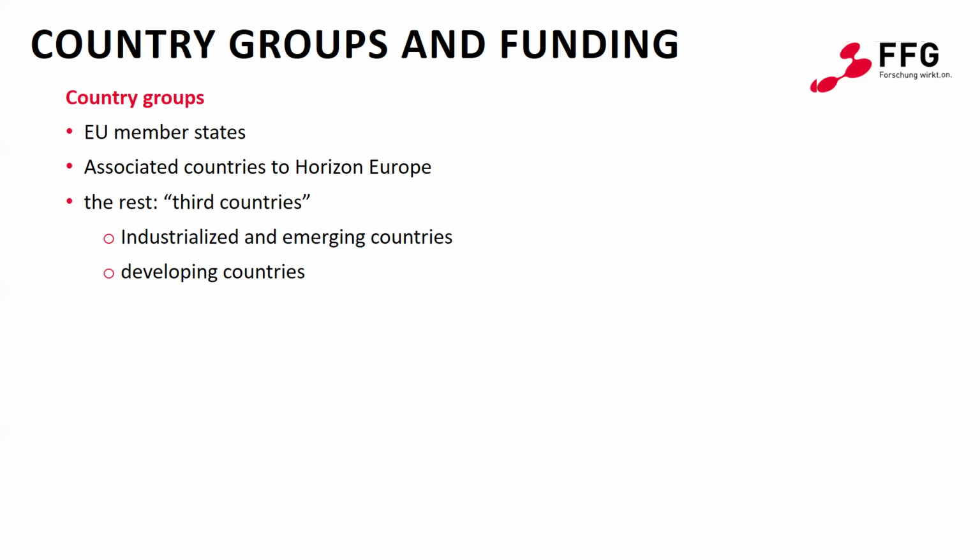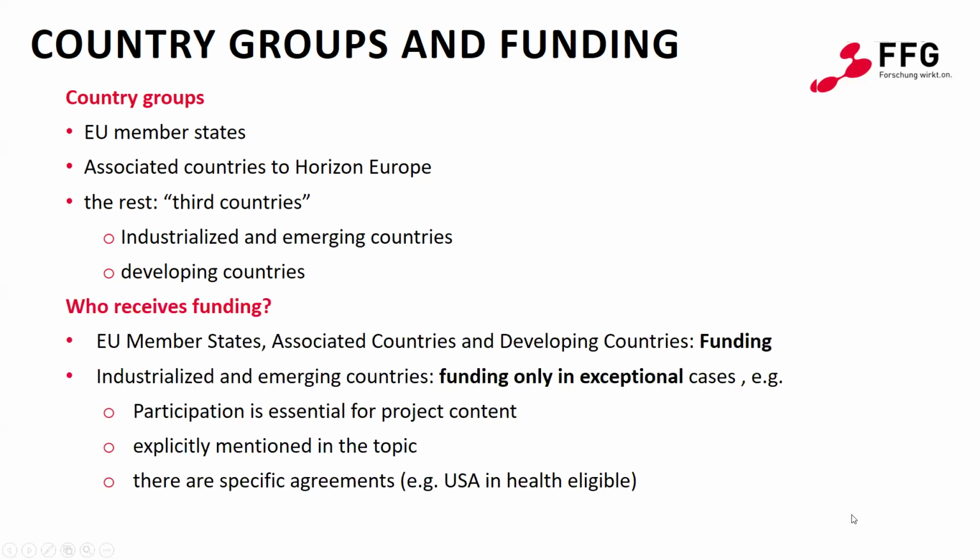The rest of the countries are the third countries, which are again divided into 2 groups, industrialized and emerging countries and developing countries. Why is this important? It's important to see who is allowed to receive funding by Horizon Europe. EU member states, associated countries, and developing countries receive funding, and they are eligible for funding.